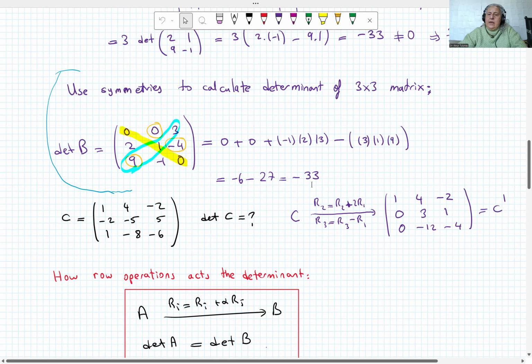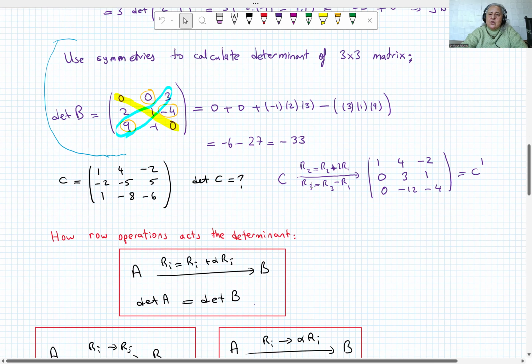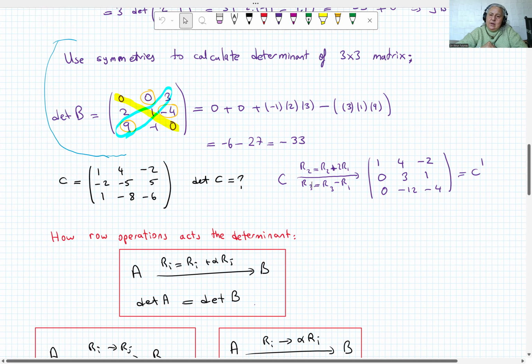Okay, another way to calculate a determinant is by using row operations. By using row operations, you can reduce the matrix to a smaller size. For example, if you have a matrix C, by using row operations you can obtain the first column as 1, 0, 0.